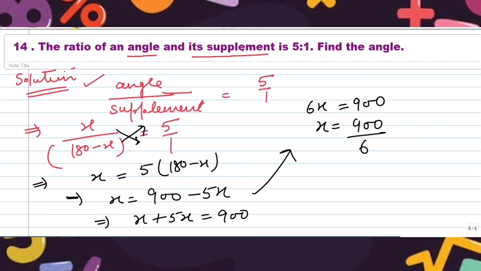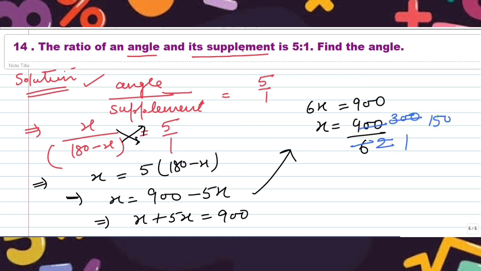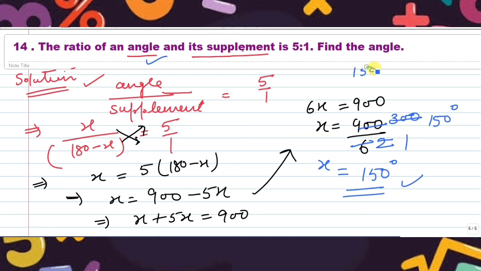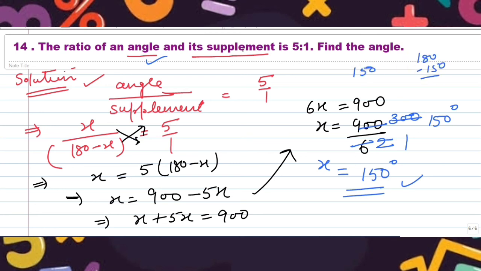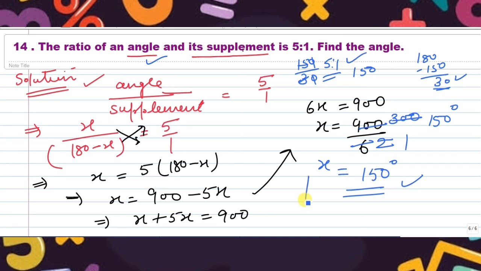Now you have to cancel it. 3 twos are 6, 3 threes are 9, 0 as it is, 2 ones are 2, 2 fives are 10. So x is 150 degree. And if you want to cross check it, you can. Angle I got 150, and its supplement is 180 minus 150, that will come 30. Now you can cross check, the ratio will come 5:1. Clear? Thank you.